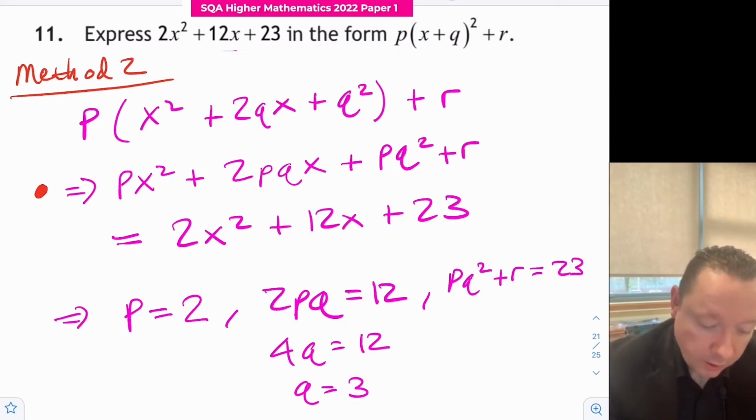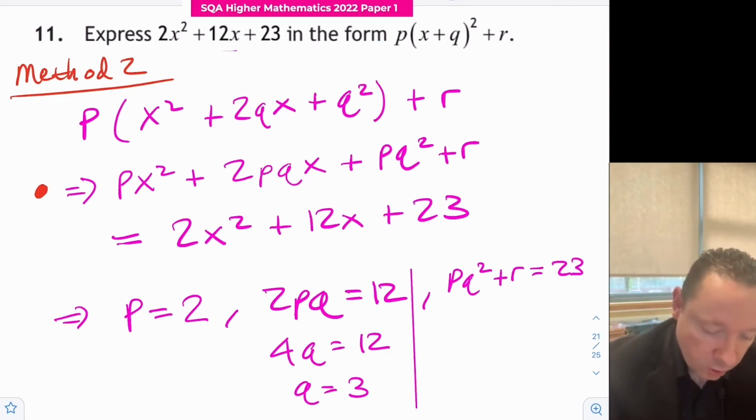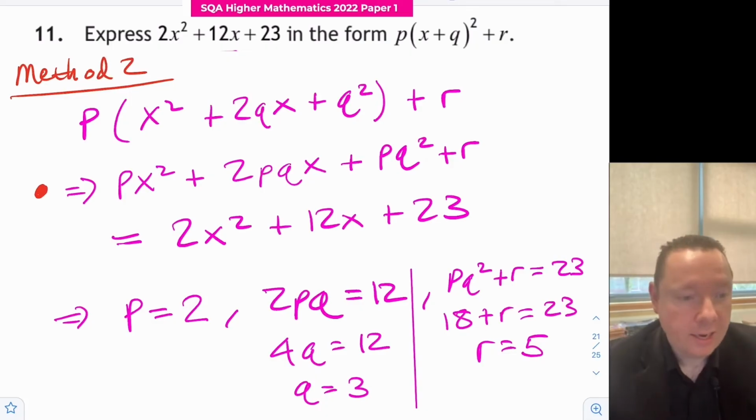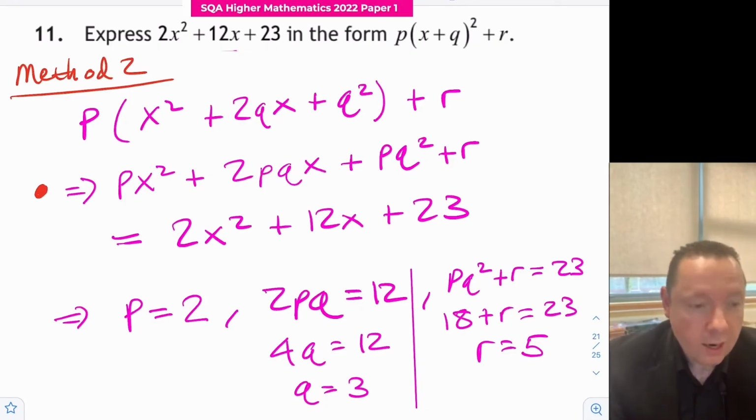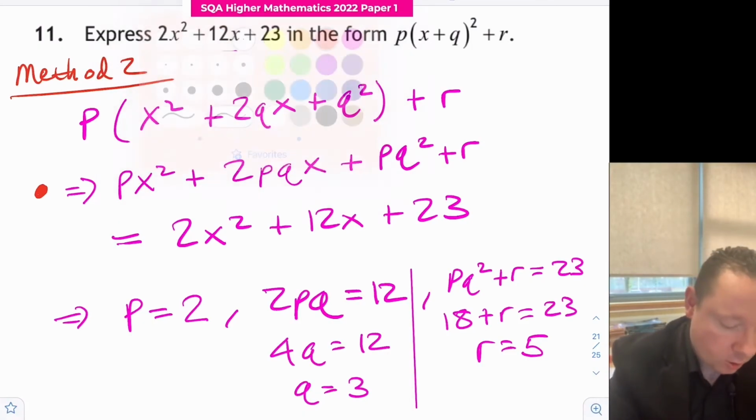But we already know that p is 2 and q is 3, so substituting that in, we get 2 times 9, which is 18, plus r equals 23, so r equals 5 in this case. If you had written down those equations, p equals 2, 2pq equals 12, and pq squared plus r equals 23, you would have got a mark.